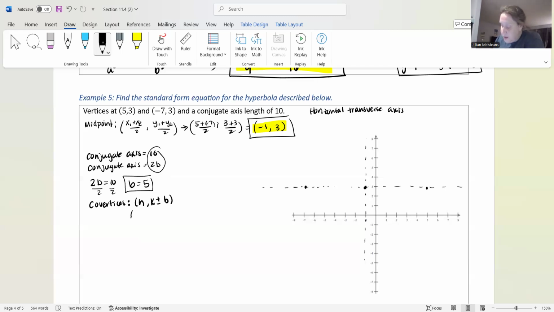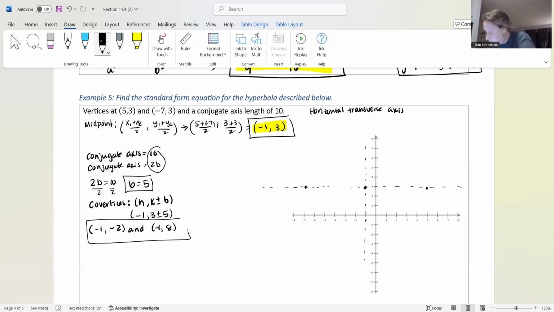So h is -1, and k is 3, and I add or subtract 5. My co-vertices are -1, comma, 3 minus 5 is -2, and -1, and 3 plus 5 is 8. Those are the co-vertices. I can plot those pretty easily, -2 and then 8. Now the distance from here to here is exactly 10 units.